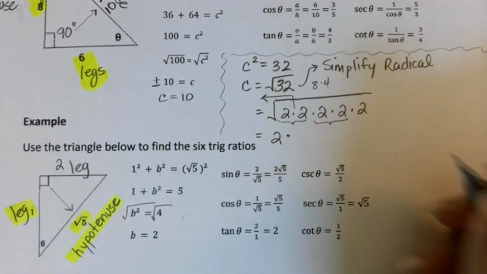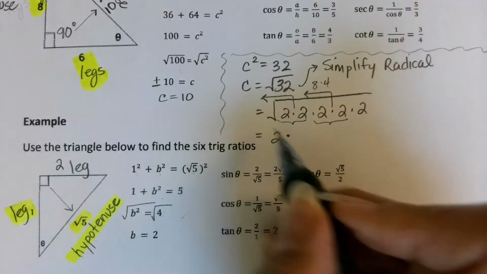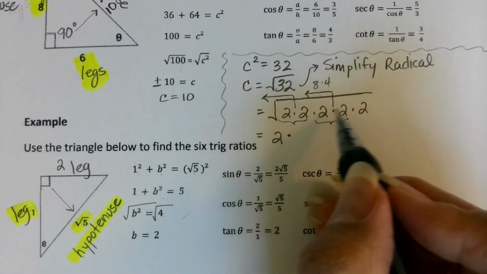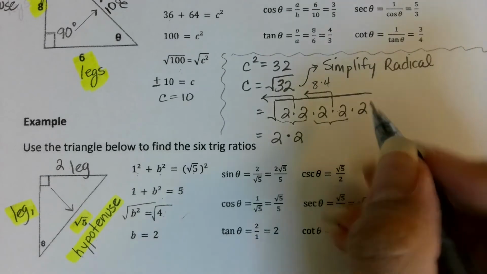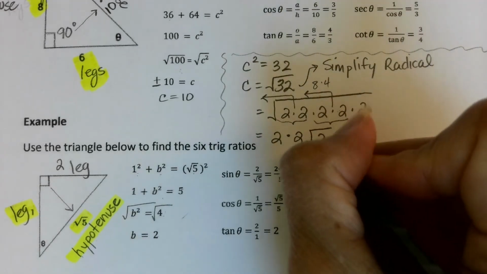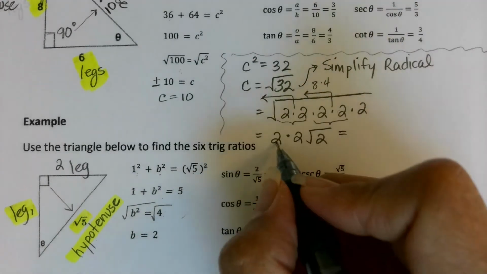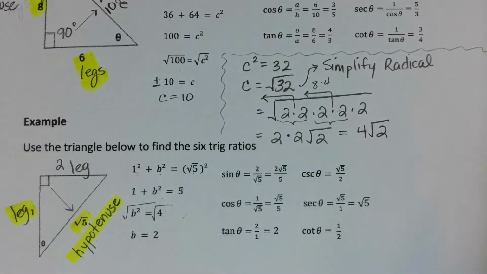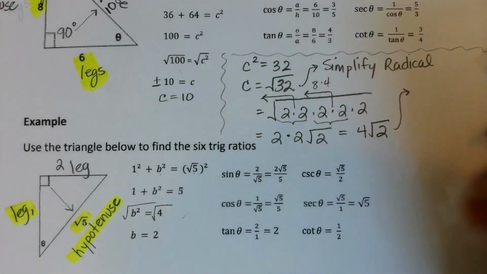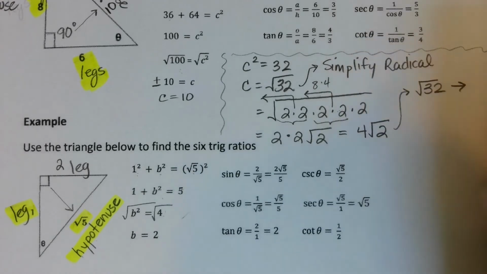And then I'm going to put in times, and if I take this square root of 4 out, the square root of 2 times 2 is also going to be a 2. And this 2 is left inside by its lonesome self. And so I just simplify. 2 times 2 ends up being 4, square root of 2.